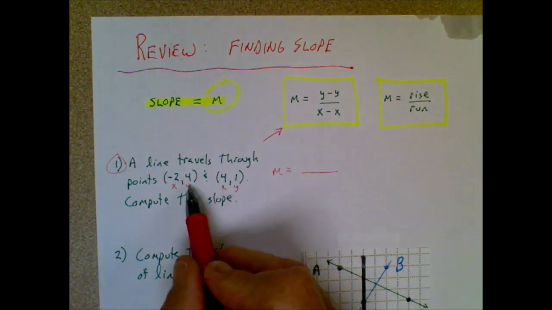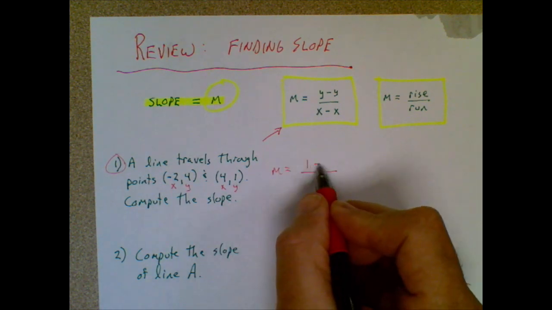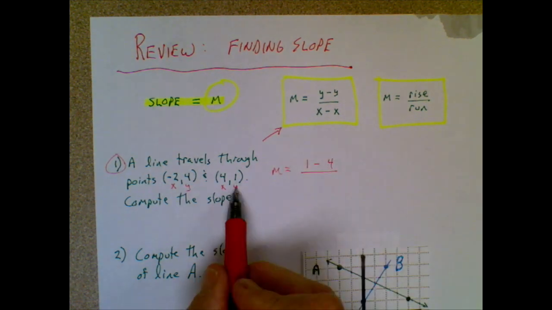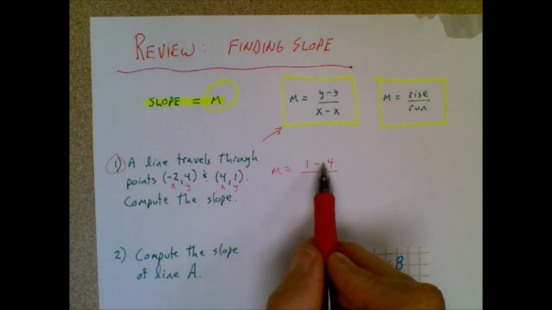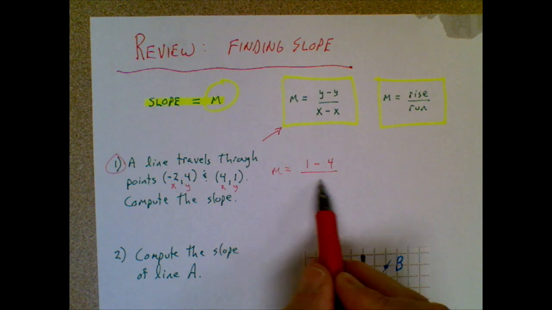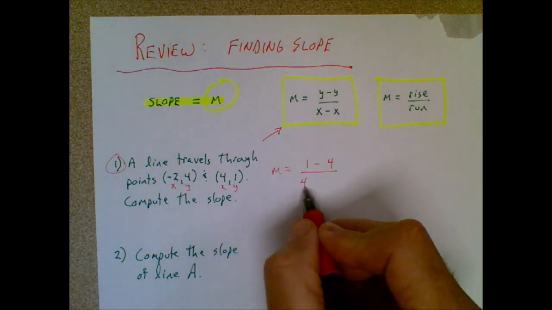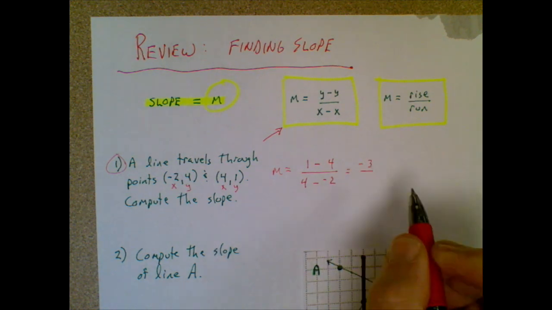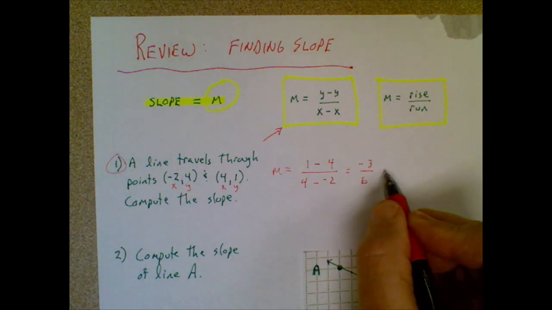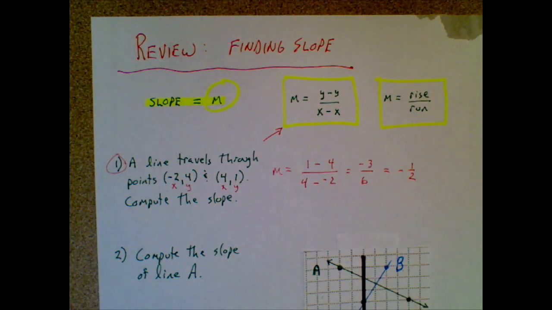Here's a y value and here's a y value, so I'm going to do this y value minus the other y value, the 1 minus the 4. Whatever direction I went with on the top, I have to go the same direction in the denominator. So I have to go 4 minus negative 2. And when I do that, I get a negative 3 on the top and a 6 on the bottom. I can reduce that fraction to be negative 1/2.